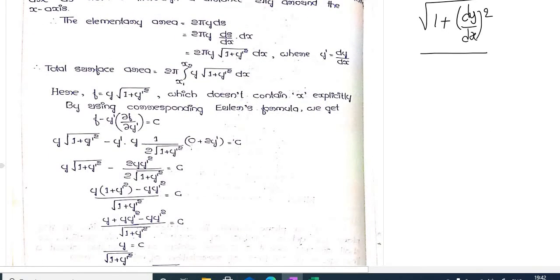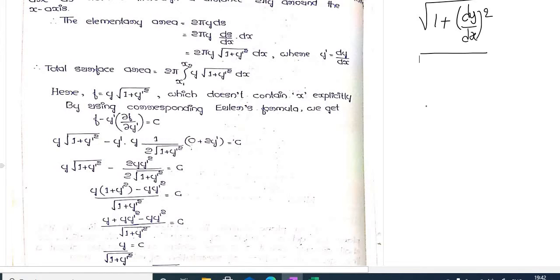So this term as it is minus 2 into y dash square divided by 2 into root of 1 plus y dash square equal to c. 2 gets cancelled. Take LCM.